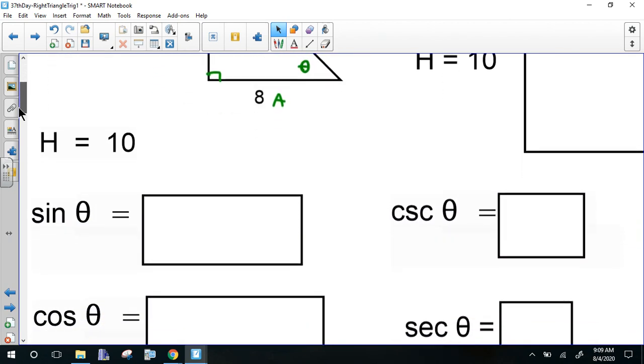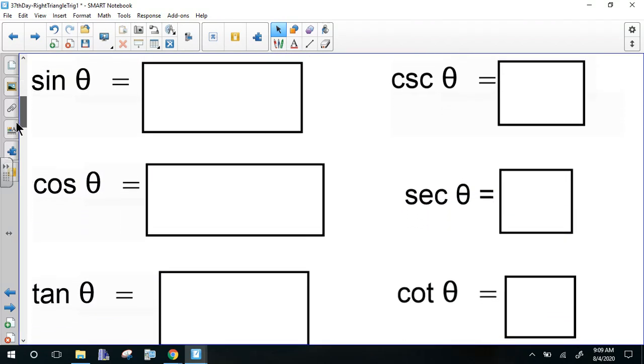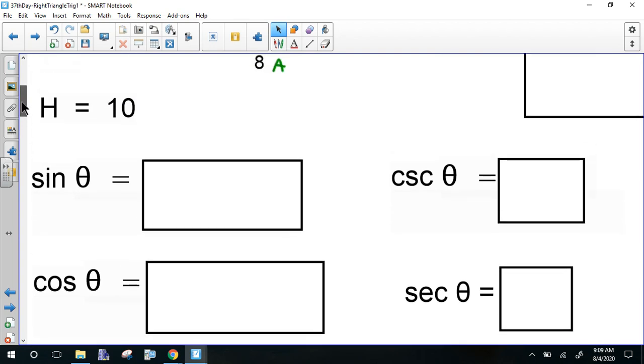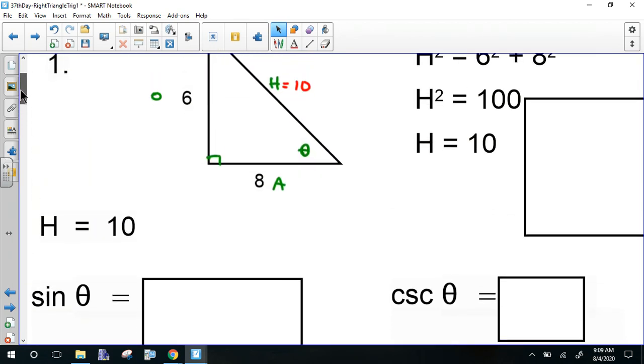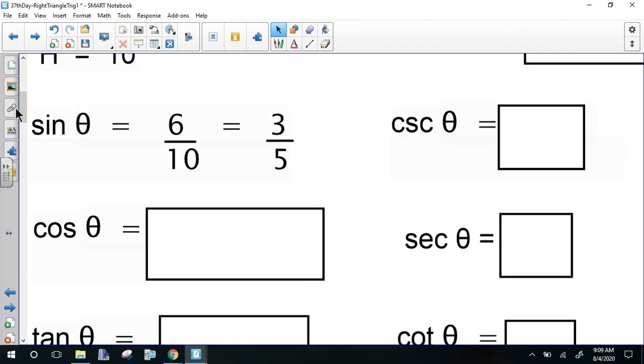Now we're going to use those 3 sides to find our 6 trig functions. Sine is opposite over hypotenuse. Looking at our triangle, opposite was 6, hypotenuse was 10. 6 over 10 reduces to 3 over 5.